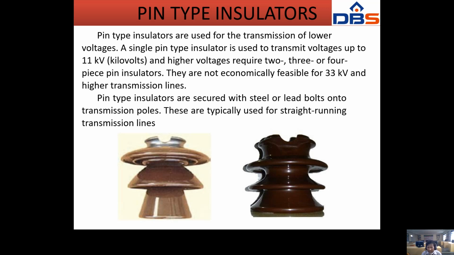They are not economical above 33 kV, right? Application-wise, pin insulators are used on straight poles, that is, straight running transmission systems. They are not utilized in curved sections, crossroads or railway crossings. They will be utilized only in straight running transmission systems.